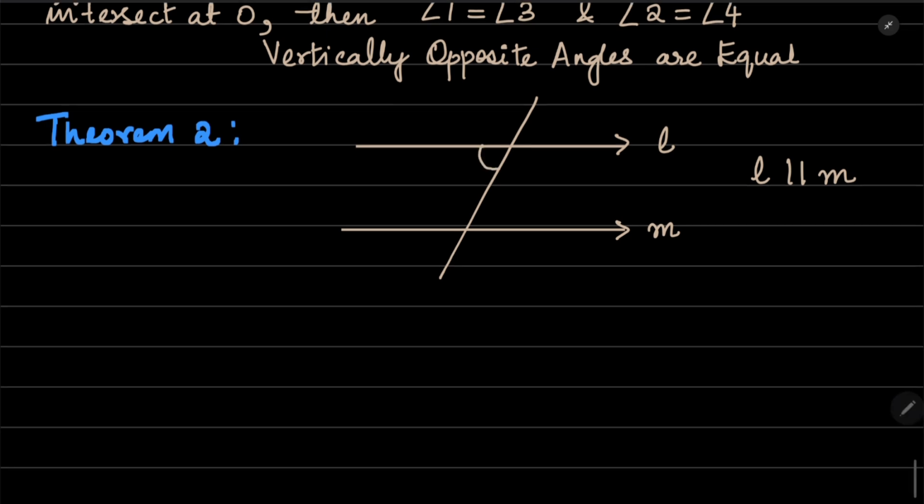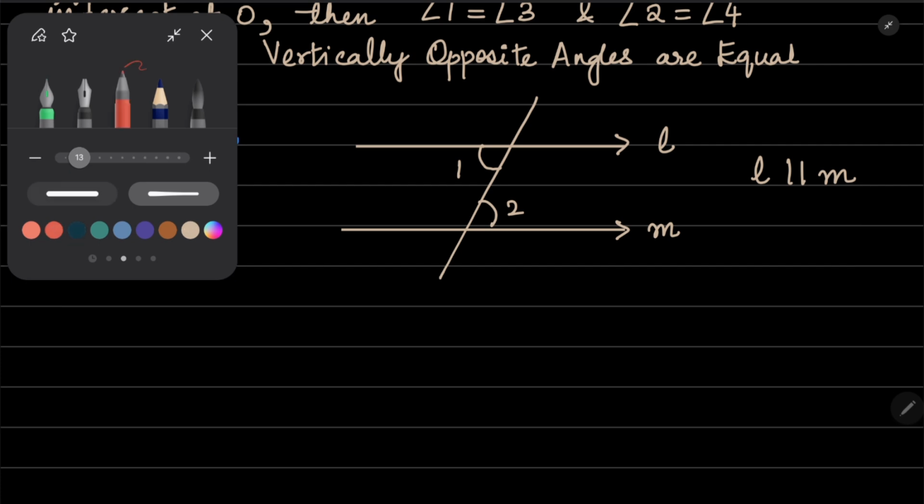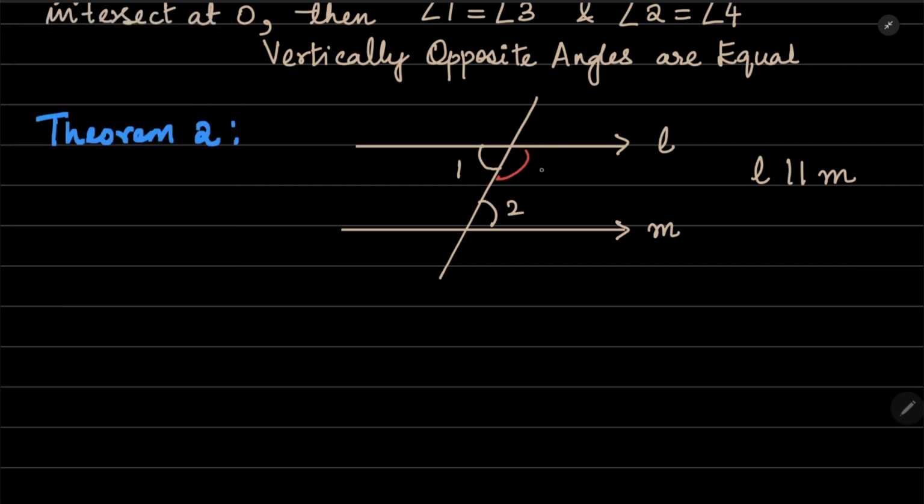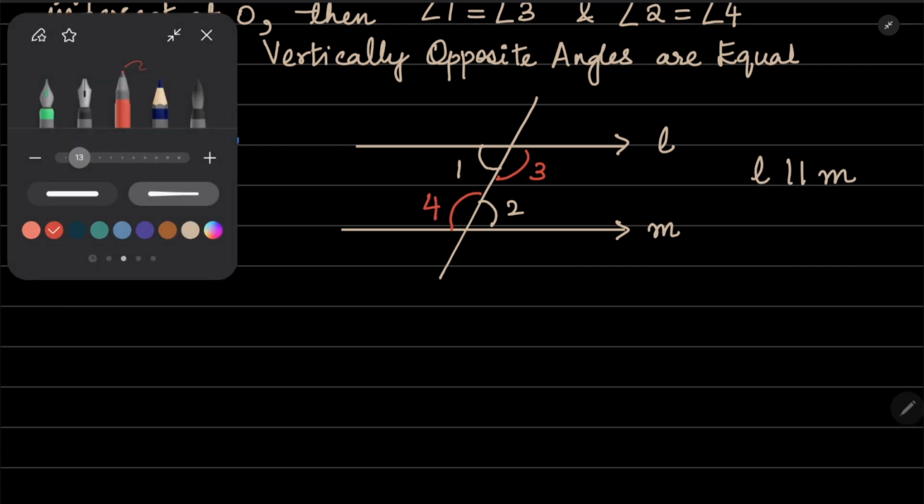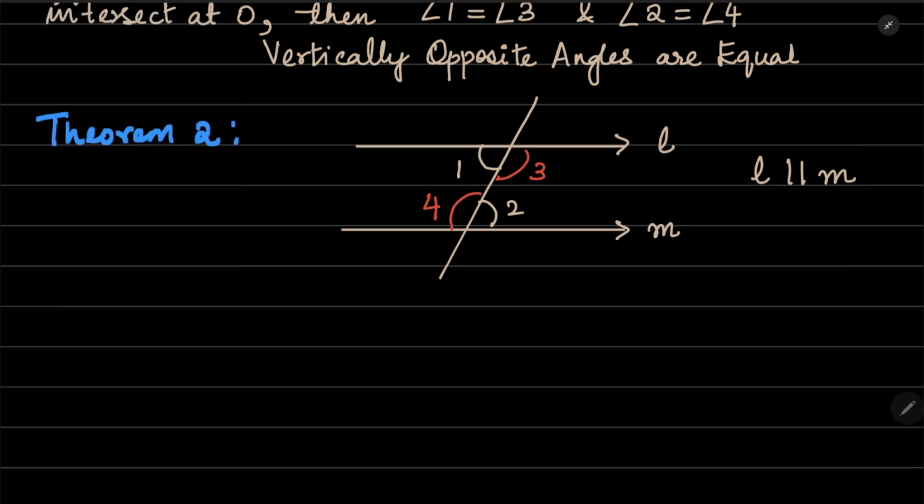So for example, if you have angle 1 here, the alternate interior angle will be here too, right? And if this is angle 3, the alternate interior would be here, angle 4. Let us write according to the figure.